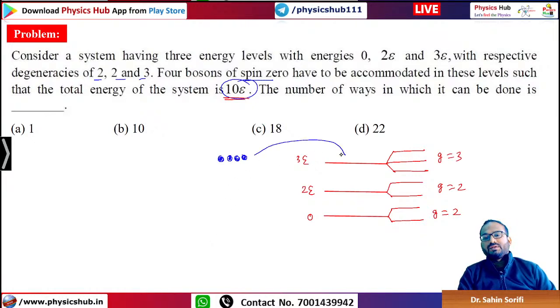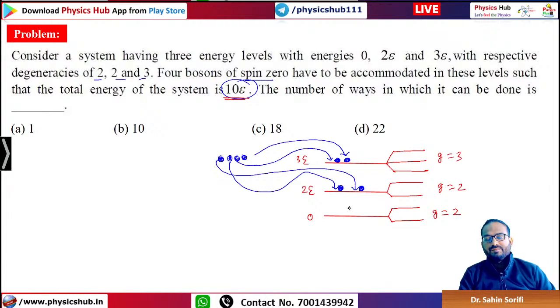If you keep 2 bosons in 3E, so 3 into 2, 6E, the remaining 2 bosons in 2E, then the total energy is 10E.